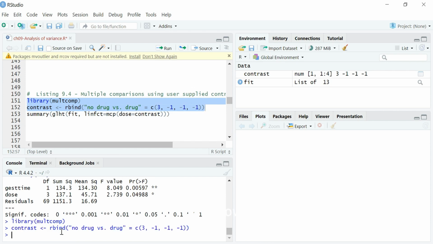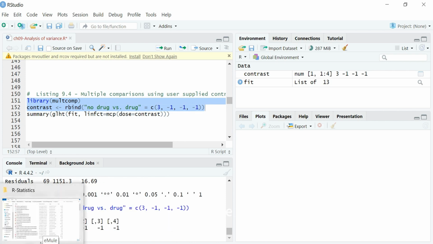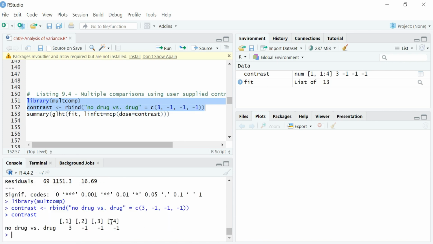If we show the contrast, there is one row with 4 columns. Next, we will run the function glht on the fit. The fit comes from the ANCOVA we have done before.